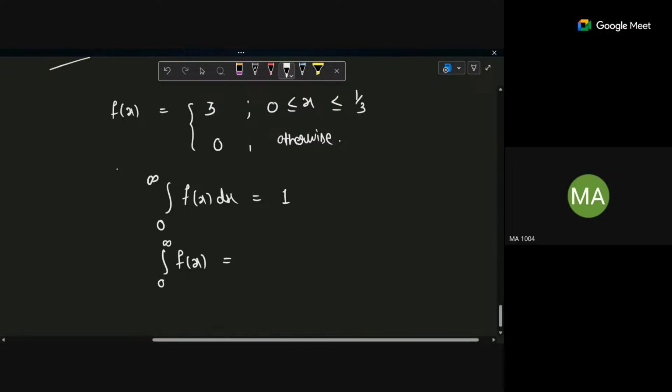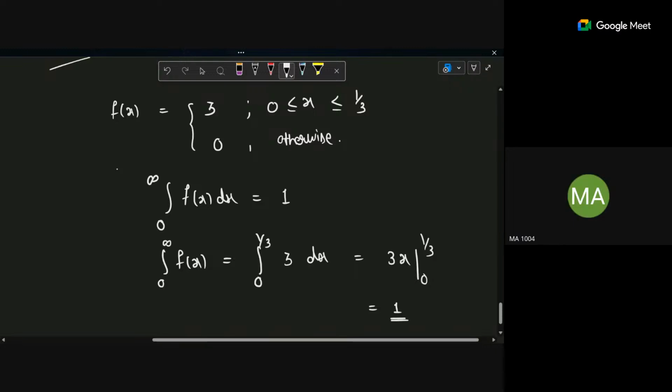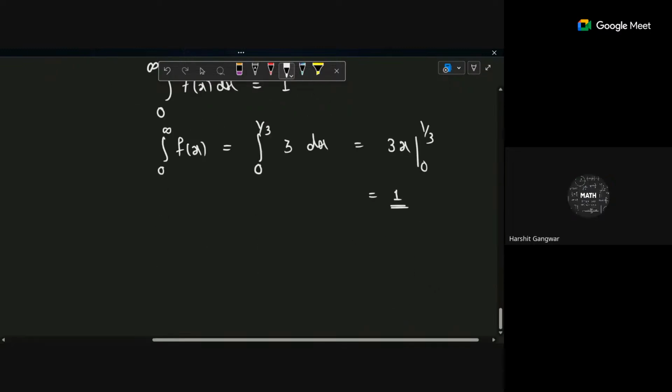Here the integral is 0 for all the range, but when you integrate from 0 to 1 by 3, it's 3 dx, right? Once you integrate it, it's nothing but 3x lying between 0 and 1 by 3, which is 3 into 1 by 3 minus 0, 1 only, right? Yes, ma'am, it's a valid PDF.